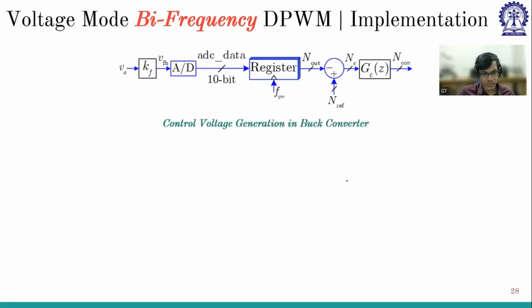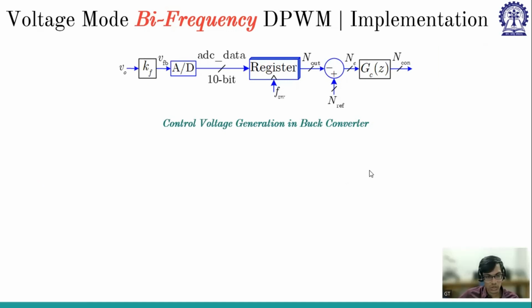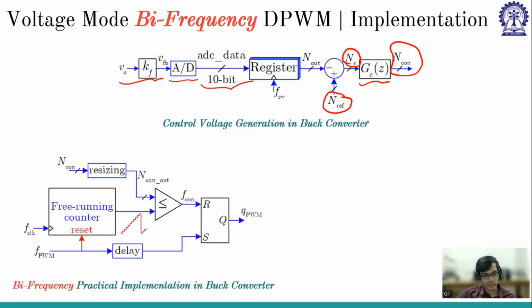So if we go into the architecture, this is the control voltage generation. V0 with a feedback gain, then the digitized output voltage is subtracted from the reference to give an error voltage, followed by the control voltage. Now this control voltage is compared with the ramp.